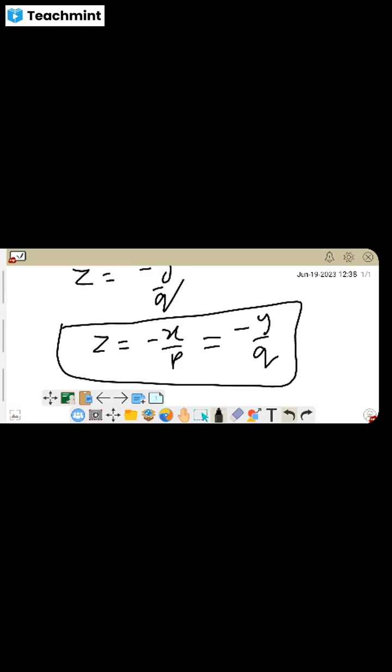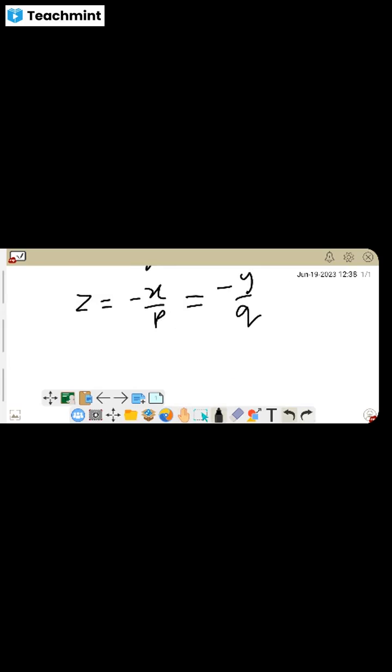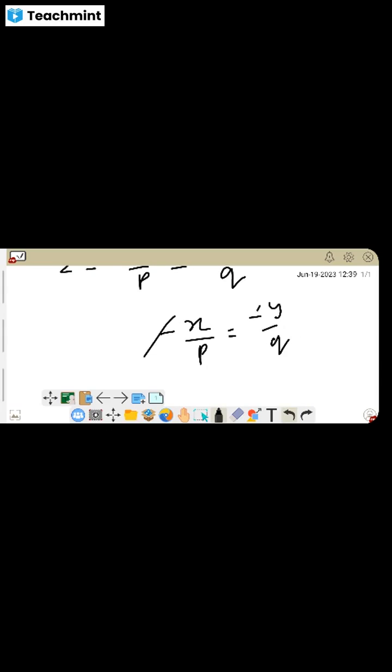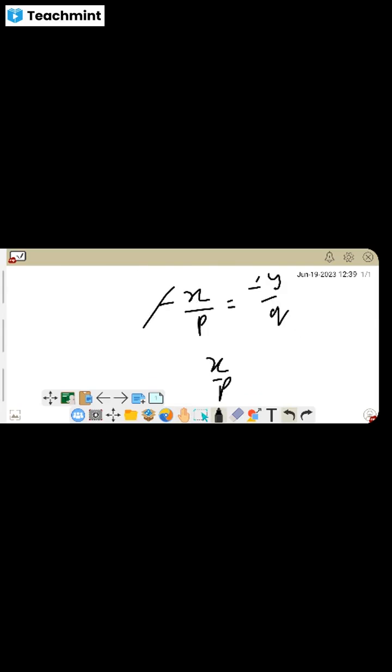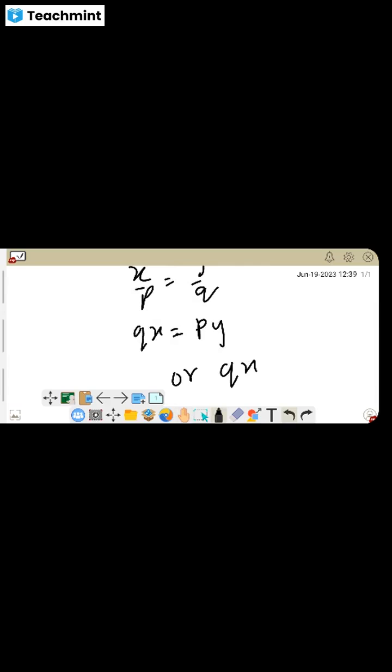So from here we can take these as equal: minus x over p is equal to minus y over q, and we can cancel this minus sign, and x over p is equal to y over q, or qx is equal to py, and this is the required PDE, or you can write qx minus py is equal to 0.